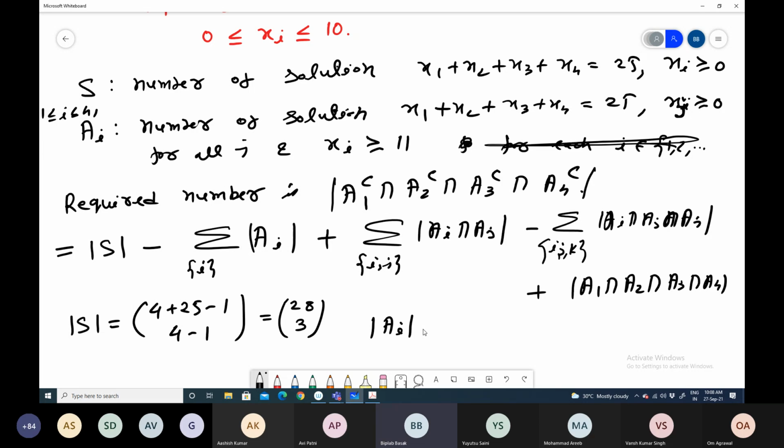Now can you tell me what is the number of this? Yes, it is 4 plus 25 minus 11 and then minus 1, so it will be 17 choose 3.